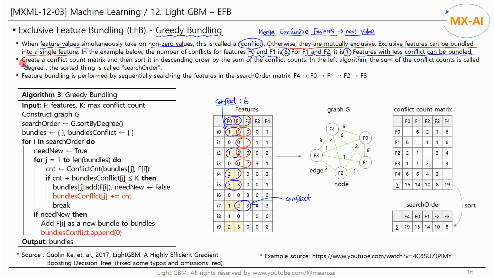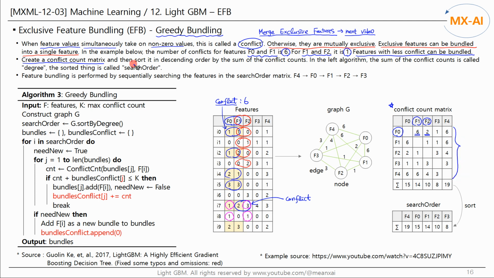First, create a conflict count matrix. The number of conflicts between F0 and F1 is 6. And the number of conflicts between F0 and F2 is 2. There's one here, and there's another here. In this way, we create a conflict count matrix.